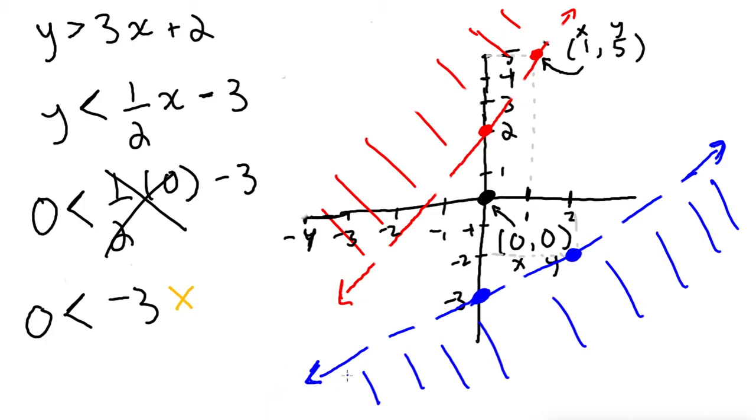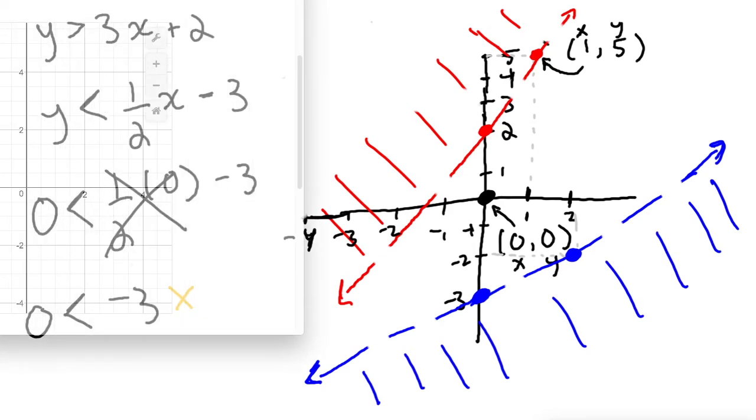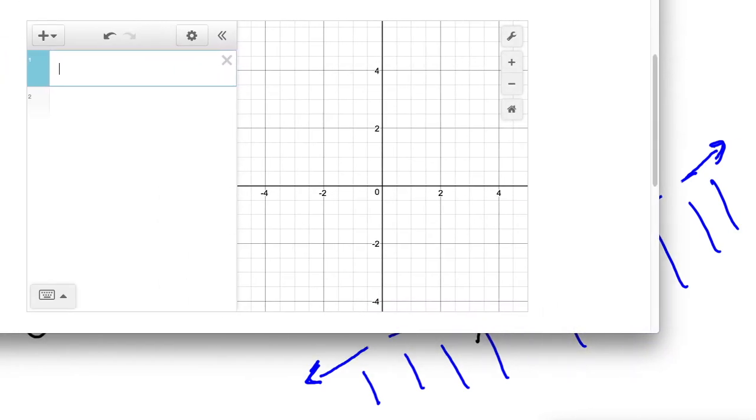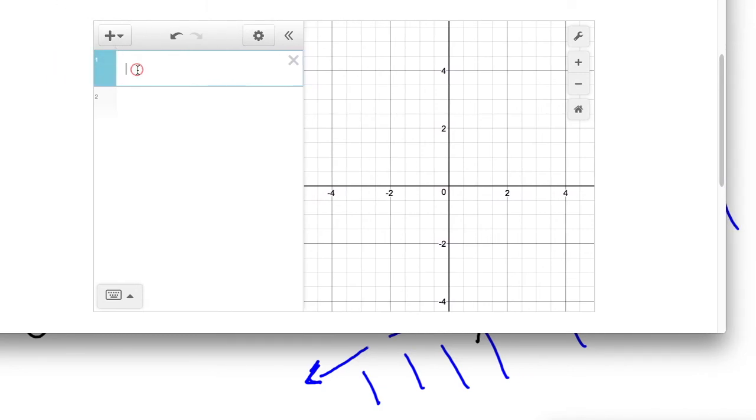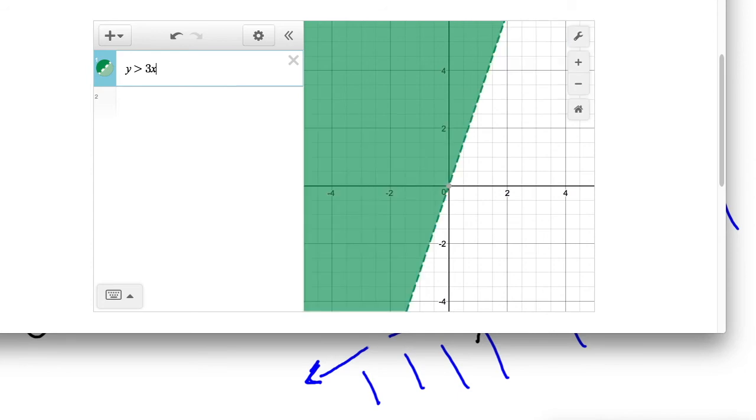If we want to bring out a graphing calculator, we can see exactly what this is going to look like. So let's get a graphing calculator, and we'll type this in. So here's our graphing calculator, and we said we had y is greater than 3x plus 2.